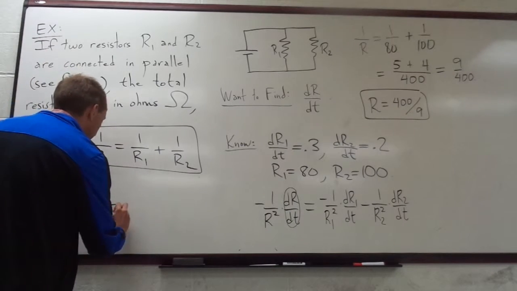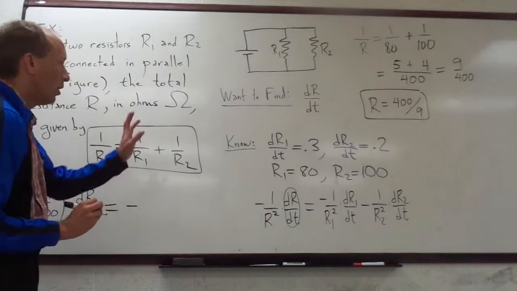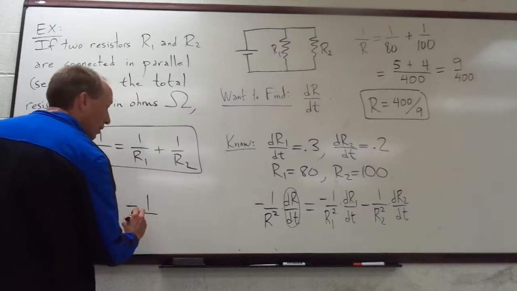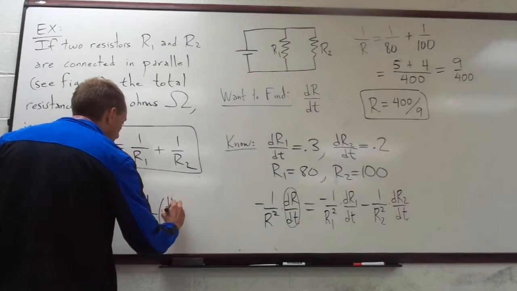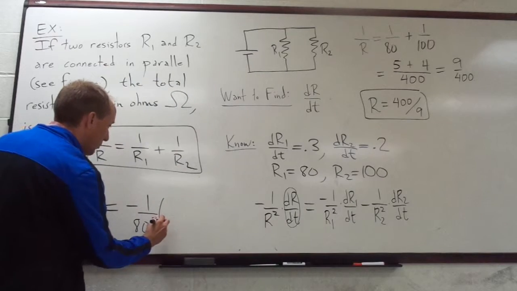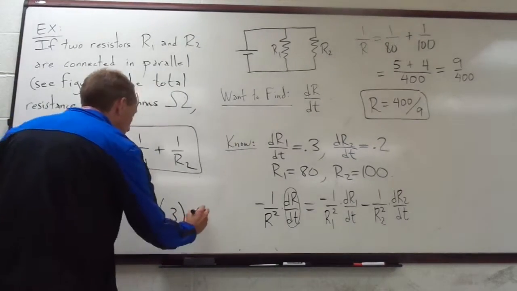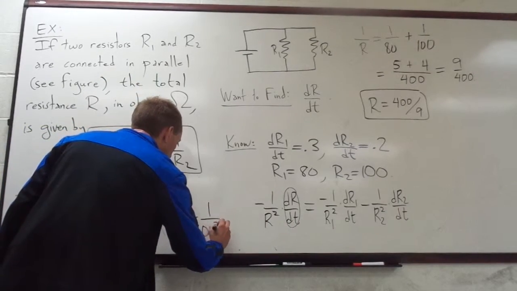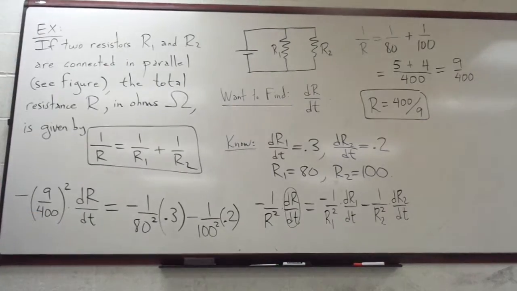And then on the right-hand side, I have negative of 1 over 80 squared times dR1/dt. Let's put in what that is: dR1/dt was 0.3. And then minus 1 over 100 squared times dR2/dt, which is 0.2.